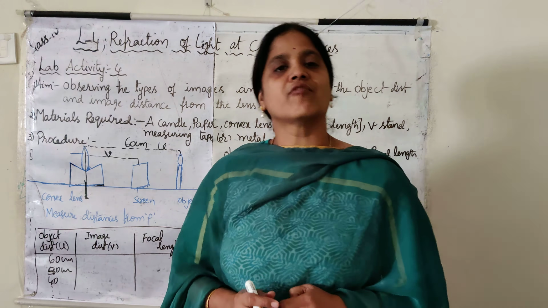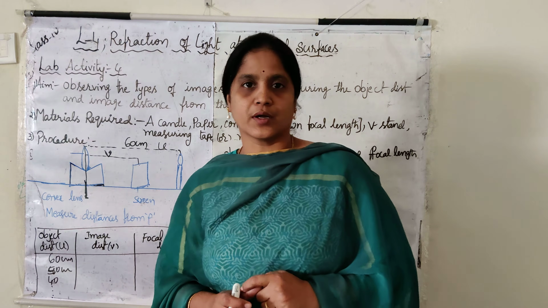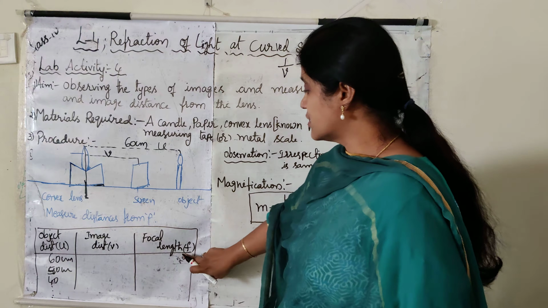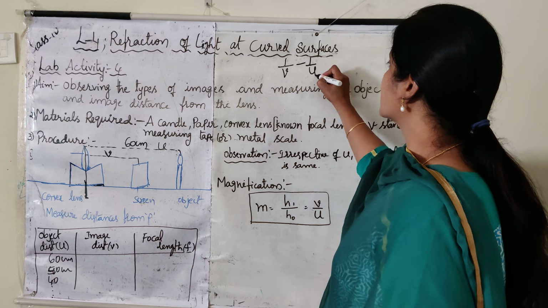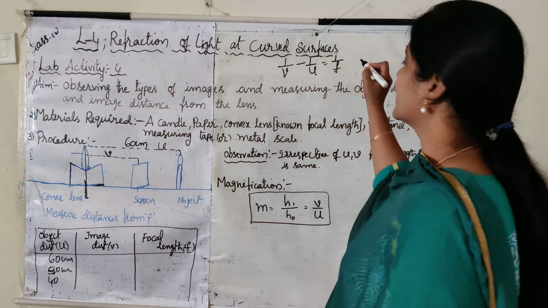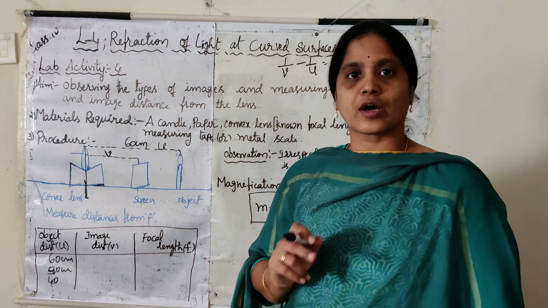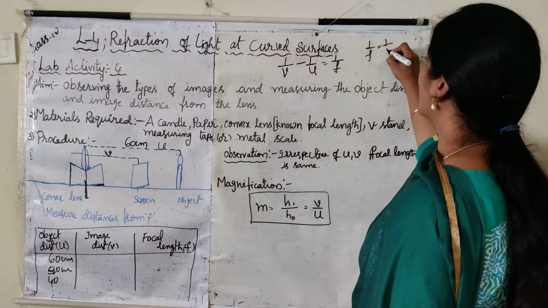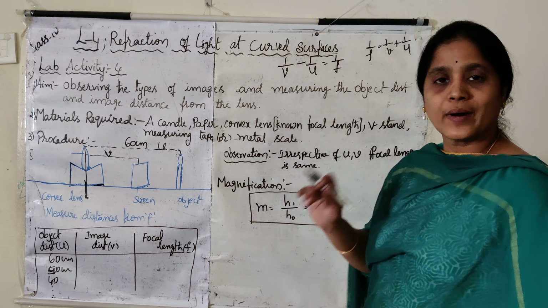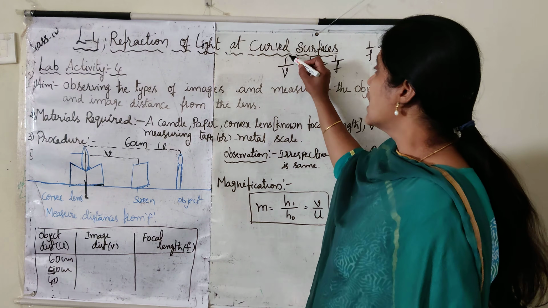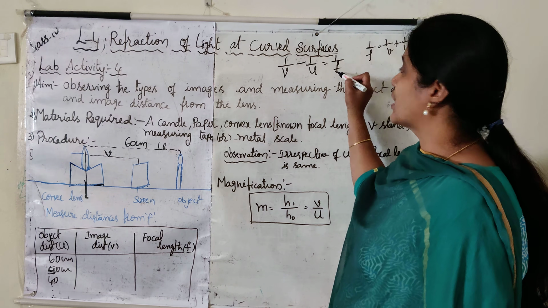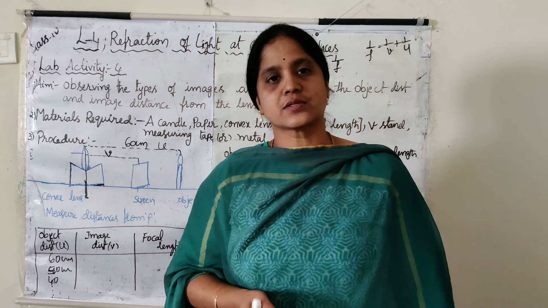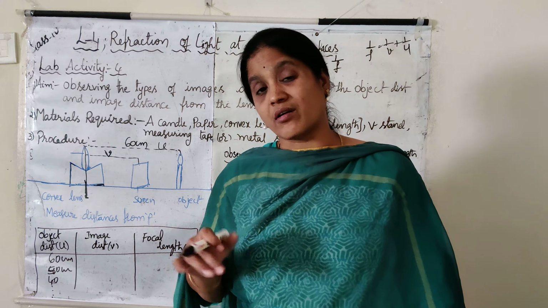Or otherwise, we have one formula, that is 1 by V minus 1 by U is equal to 1 by F. In lesson 1, to find the focal length of a mirror, we use 1 by F is equal to 1 by V plus 1 by U. But here for the lenses, the formula is 1 by V minus 1 by U is equal to 1 by F. We have the derivation, but it is given in the colored pages, so it is not necessary to learn.